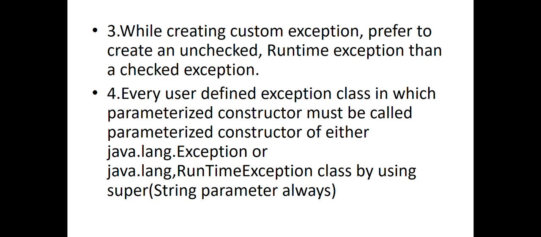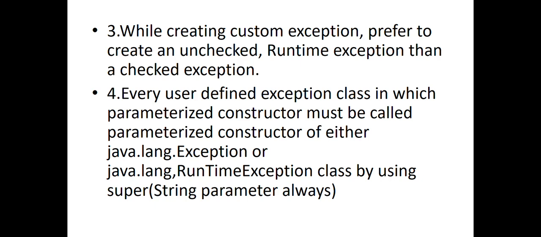And the fourth and important step: every user defined exception class must have a parameterized constructor, and it must call the parameterized constructor of either the Exception class or the RuntimeException class by using the super keyword, and we always need to pass a string parameter to that constructor. Means what?